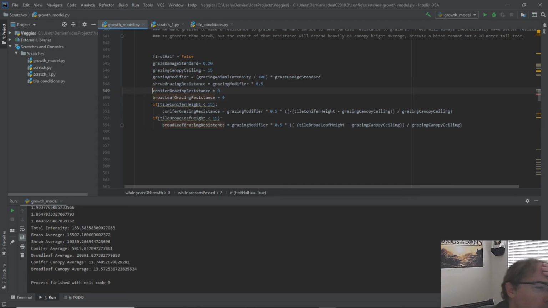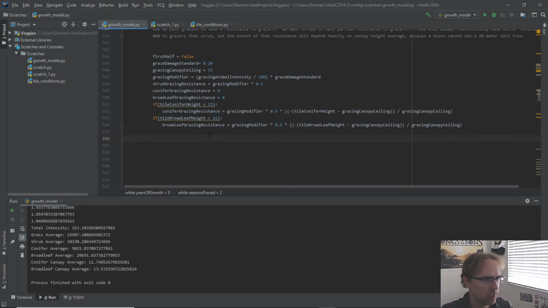Okay, so now when we calculate our casualties, so here's the thing. When we calculate our casualties, we want casualties to be based on the exposure of the particular vegetation type. So let's say we have 30,000 grass, 10,000 shrubs.